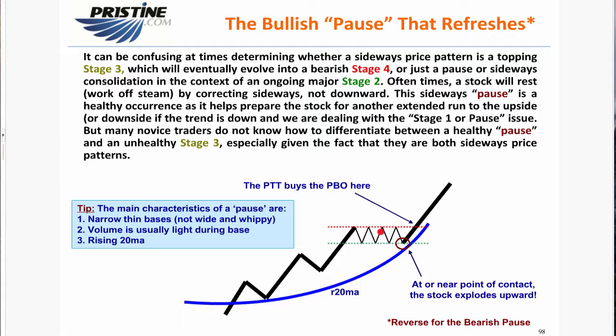If it is continuing a move in the direction of the prior trend, then it's a pause. And the same can be to the downside. You might be in a stage 4, you have a sideways base, and then it breaks down.